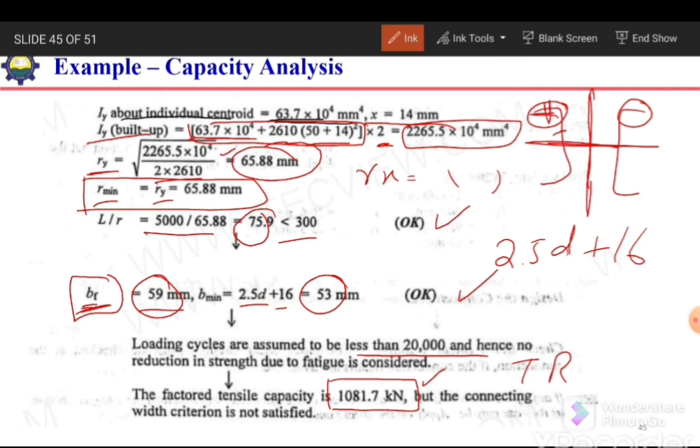We need to investigate its capacity corresponding to tension yielding and tension rupture, and then perform different checks. For example, we need to check the limitation of slenderness ratio, the minimum width of the connected leg, and also fatigue failure and block shear. We cannot check the block shear until we have the detail of the connection.